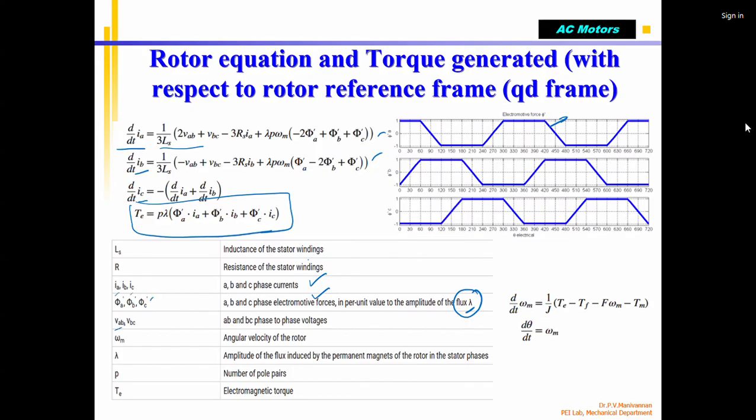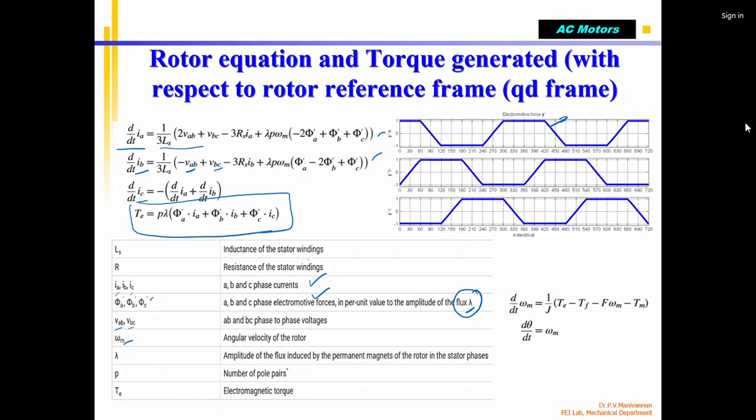And we see that the voltage between the A and B coil and also the B and C coil is represented as AB, AC phase voltages. Wherever you see AB, AC in this equation, it means the voltage between two of the three voltages VA, VB, VC; they are called phase voltages. Omega m is the angular velocity of the rotor, shaft angle or motor speed.